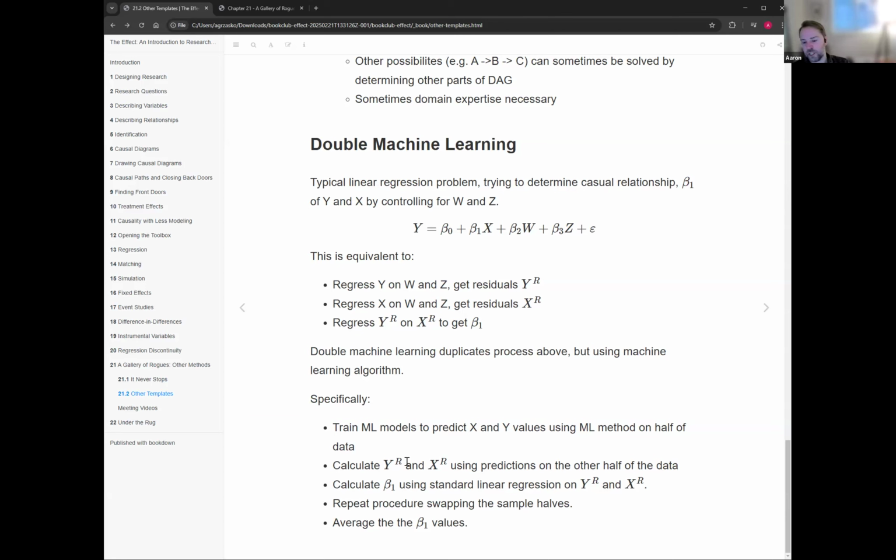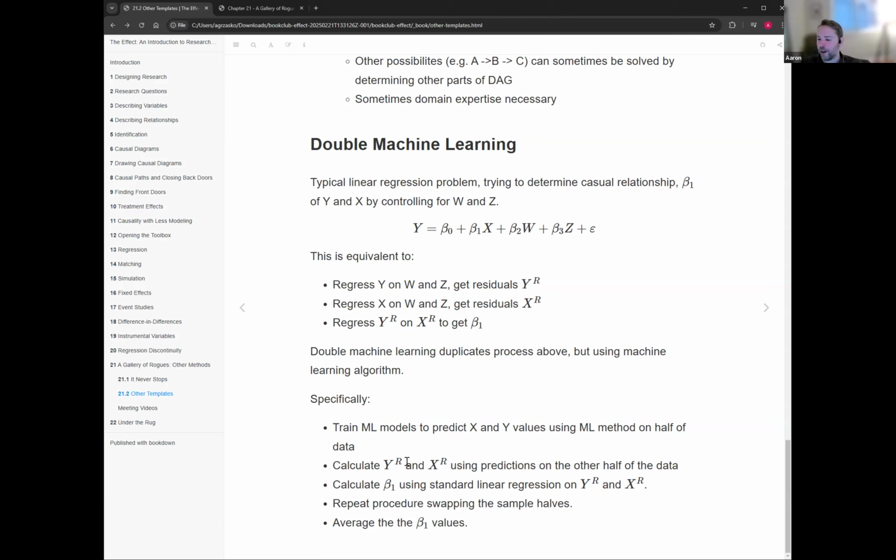So then you get potentially a stronger, more precise estimate of beta 1 because you've more accurately controlled for those other variables, the confounding variables that you're not interested in. And so one final complexity is that you would reproduce this procedure using the other half of the data to fit the model, then calculating the residuals and fitting the ordinary least squares on the other side.